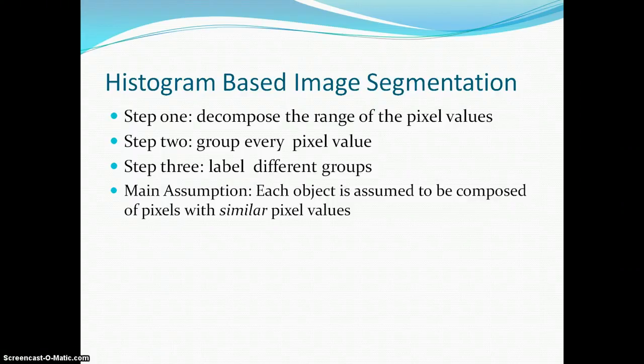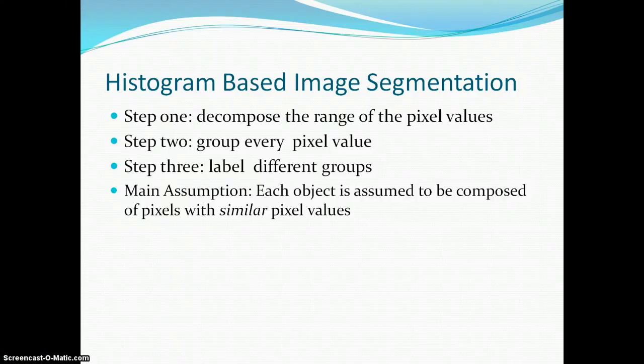Step one is to decompose the range of the pixel values based on the distribution of the pixel values. You know, there is a hill, there is a valley. Step two is to group every pixel value which is similar to each other. And step three is to label the different groups, so we can present them in the pictures.